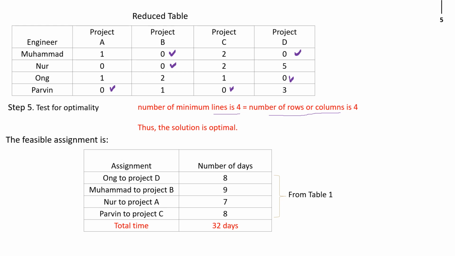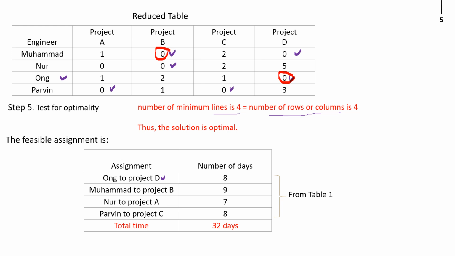Okay, we start with the row that has only one 0, which is Ong. And Ong will be assigned to project D. And Muhammad will be assigned to project B. I cannot choose D because D is already taken by Ong.